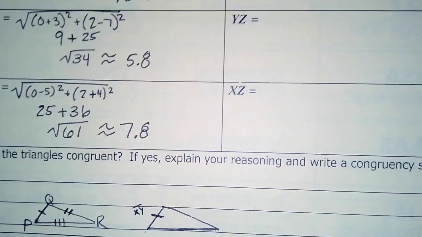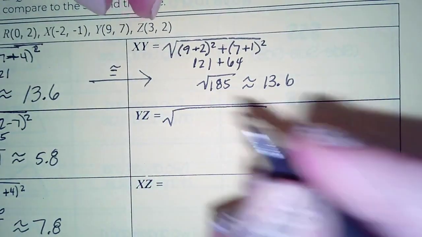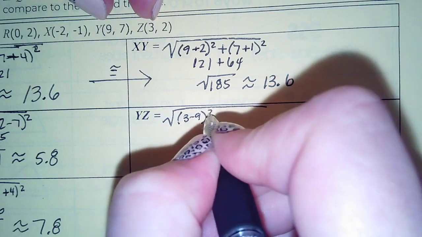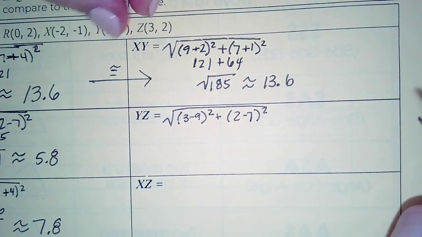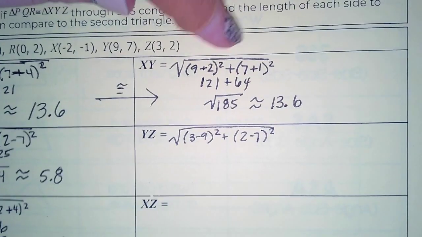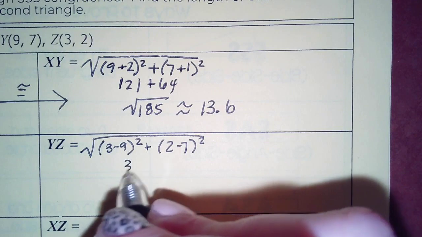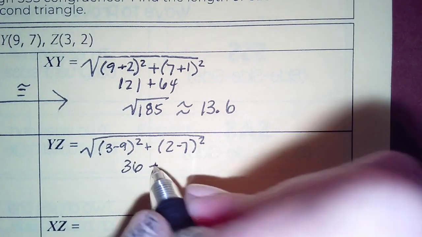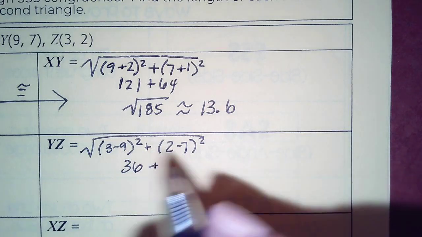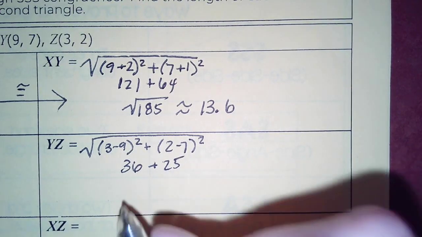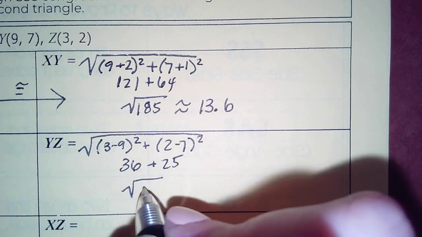Now let's look at YZ and let's find its length. So YZ here, 3 minus 9 squared plus 2 minus 7 squared. 3 minus 9 is -6. -6 squared is 36 plus 2 minus 7 is -5. -5 squared, 25. 25 plus 36 is 61.